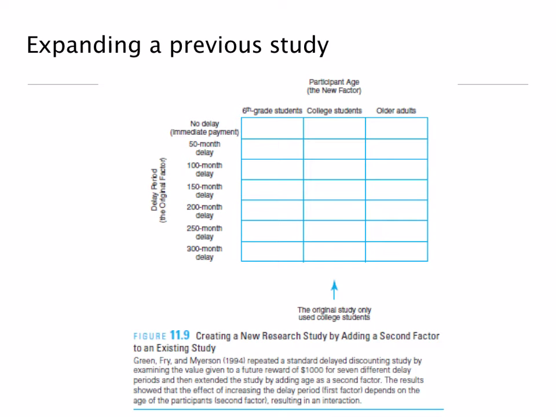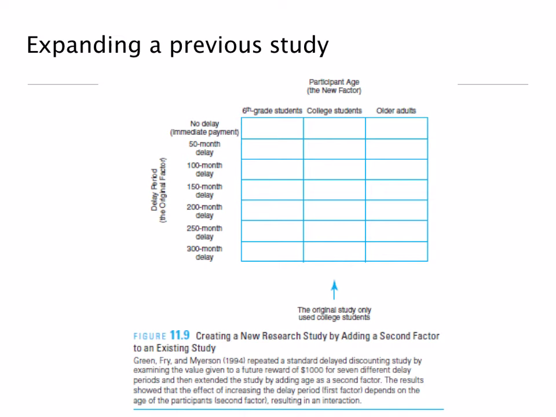Well, in the subsequent study, they were able to both replicate and extend. So the college student condition is a replication of the previous study. By adding 2 additional age groups, 6th grade students and older students, we've made this a new factor. And we can look at age now as a new factor. This participant age is our new factor.